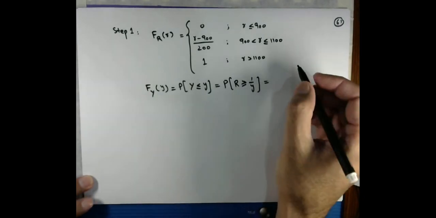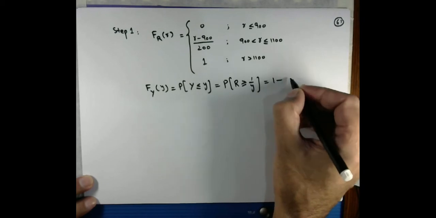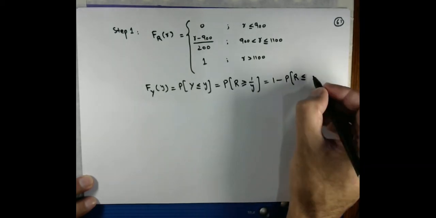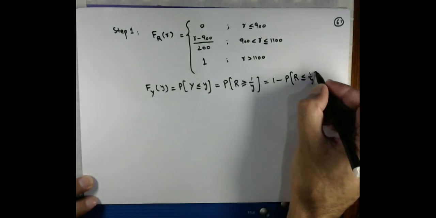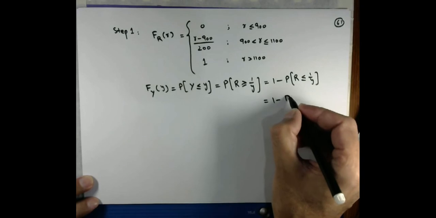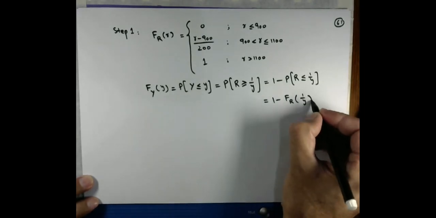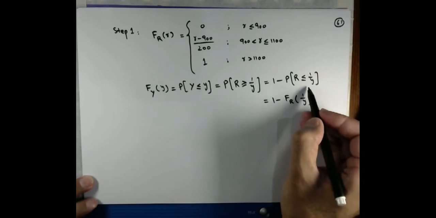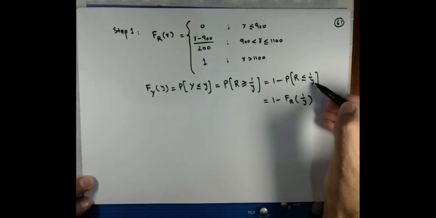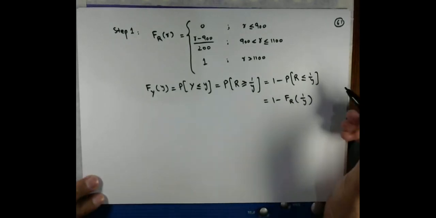And I can easily write it as 1 minus the probability that r is less than or equal to 1 over y, and so I can write it as 1 minus f sub r at 1 over y. So you see, this is nothing but the CDF of r till the point 1 over y. So I can write it as such.